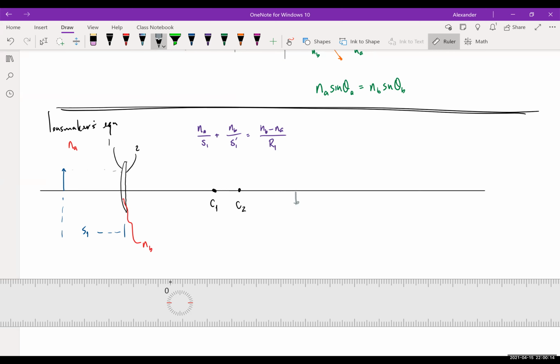Following the derivation on that one slide, we're imagining a triangle that looks something like this. And that's the image point of the point on the optical axis. We can extend from there and show that this is going to be the image. But that's the intermediate image, which we're going to use as an object for the second surface.